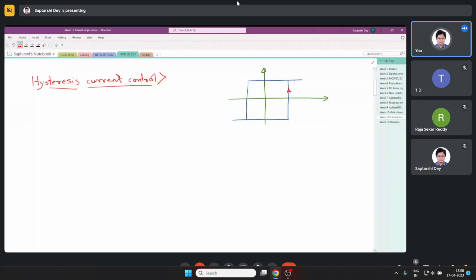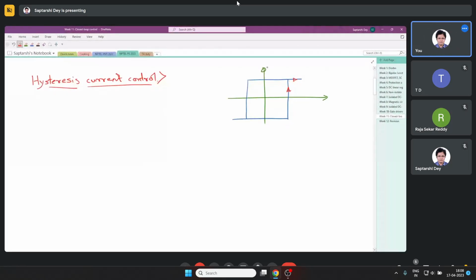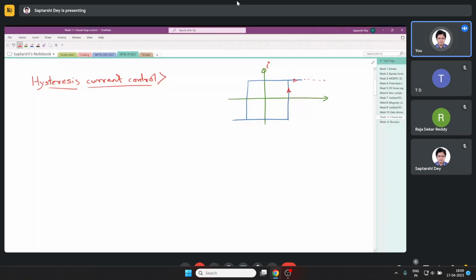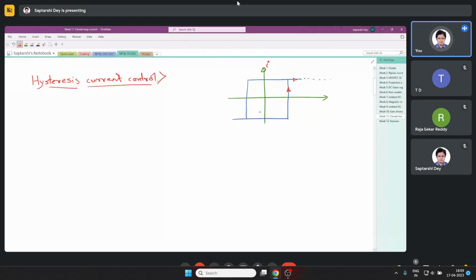When this limit is reached, say if this is current, it will not go beyond this set limit, whatever I max. Not necessarily will you have your origin here, it can be here also.